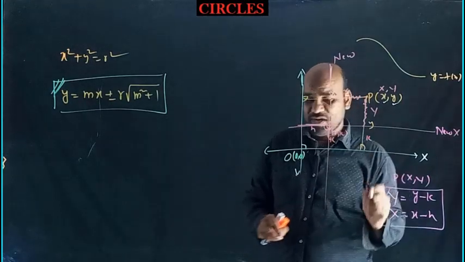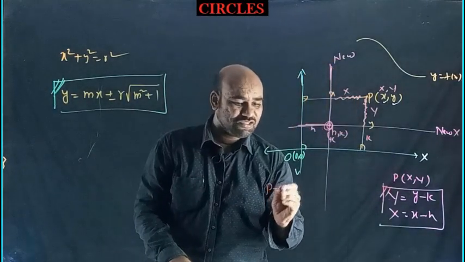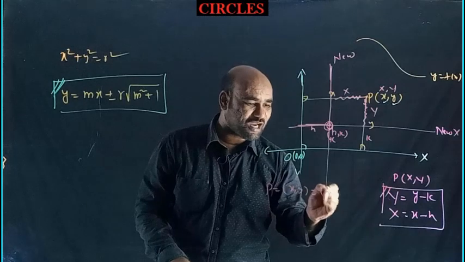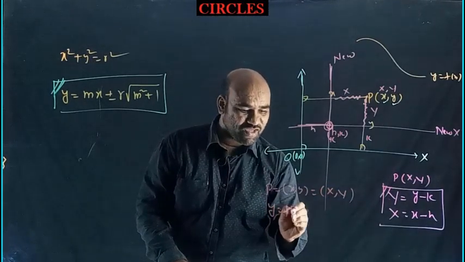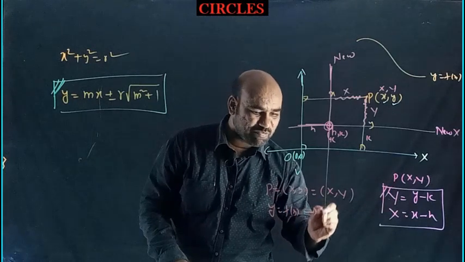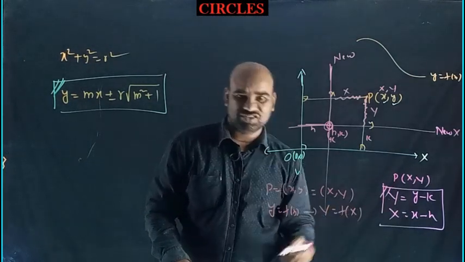So P small x, small y becomes capital X, capital Y. Automatically y is equal to f of x, the transformed equation becomes capital Y equal to f of capital X.